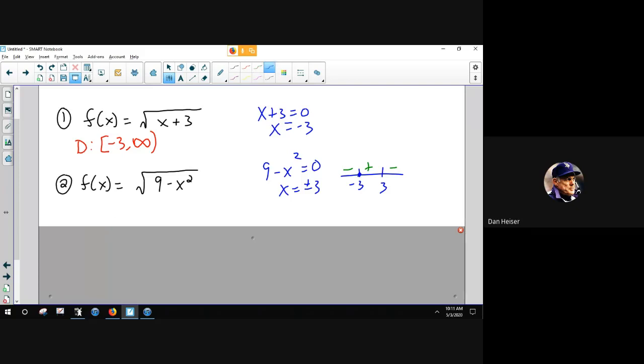And I know I include that and I include that because I can have the square root of 0. So here's my domain. Negative 3 to positive 3. Anything else is out of bounds. Those are the only numbers I can plug in for x. Any number between negative 3 and positive 3.